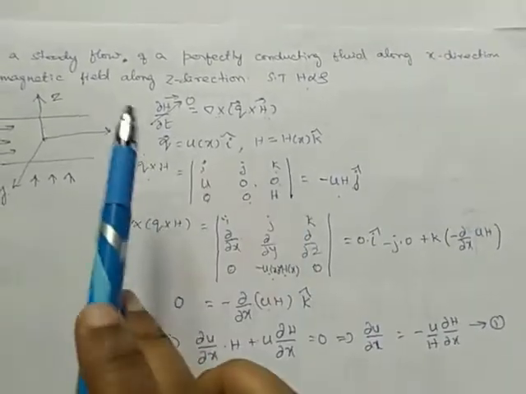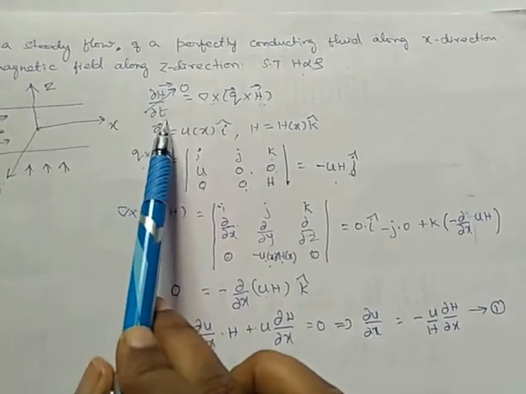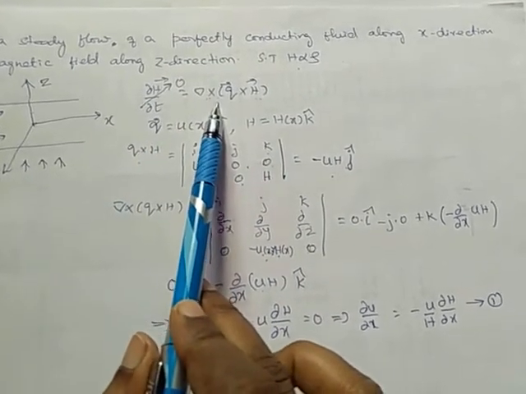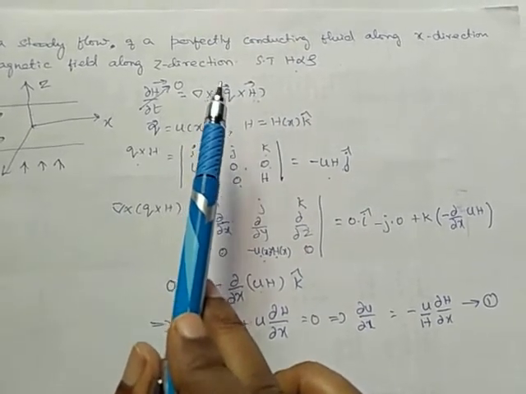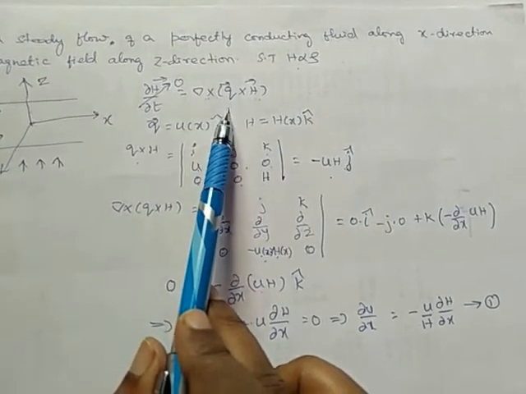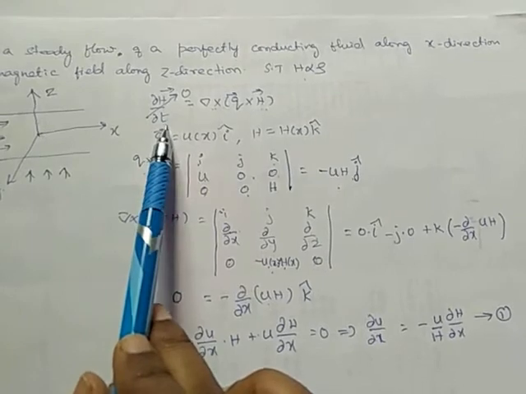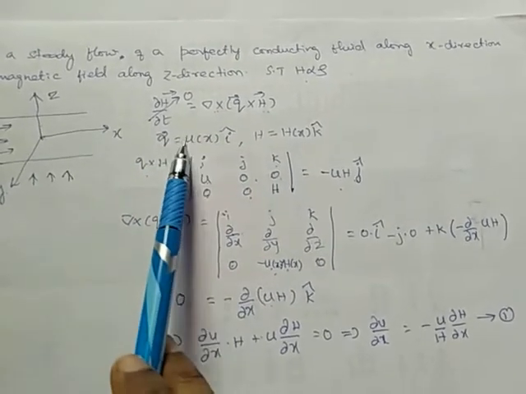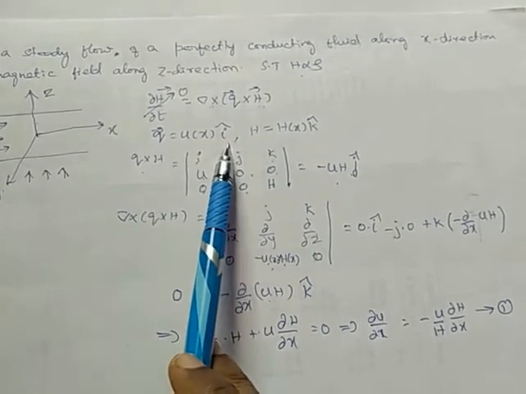Here we are considering dou H by dou t equal to del cross (Q cross H), which is the magnetic induction equation for a perfectly conducting fluid. Since the fluid flow is steady, dou H by dou t is 0, and the flow is along the x direction, therefore the velocity is u of x into i.